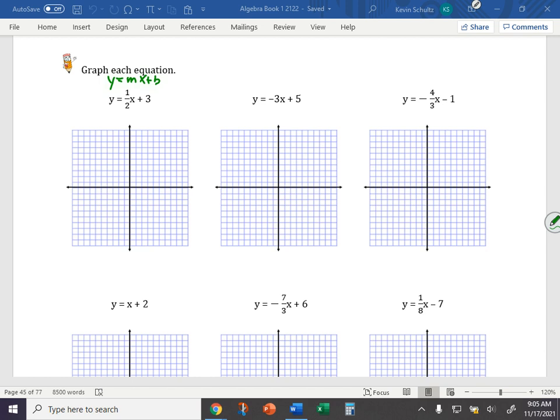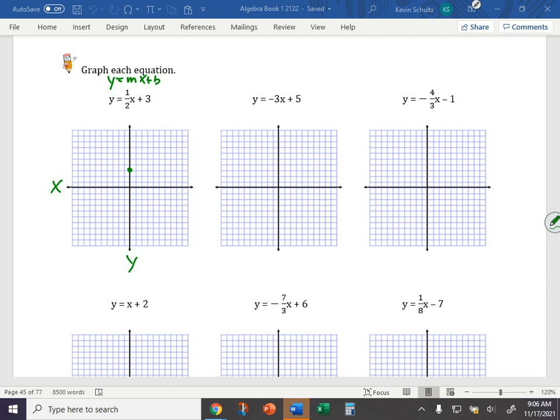What is our Y-intercept here? Joey? +3. On my coordinate plane, you do have to count. Numbers aren't labeled for you there. I'm going to put a dot at +3. Some of you might need reminders. Which axis is X? Which axis is Y? Make sure that you put that +3 on the Y axis, the vertical one.